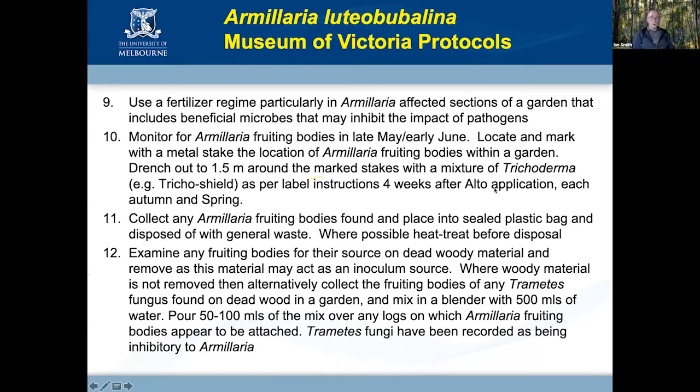Any armillaria fruiting bodies you collect, you put in sealed bags and preferably heat treat them and then dispose with the general waste. That just prevents any potential for spores being blown onto any other wounds. And examine for any fruiting bodies from their source. So if it doesn't appear to be attached to a tree, but you get some armillaria fruiting body coming up, check underneath the ground to see where it's coming from in terms of a bit of root material, and remove that as well.